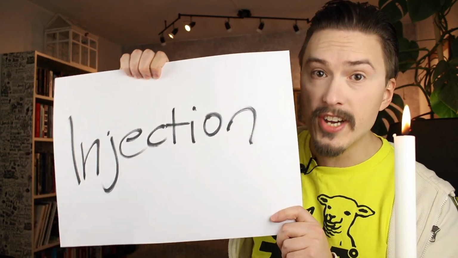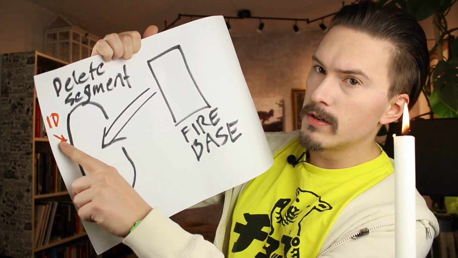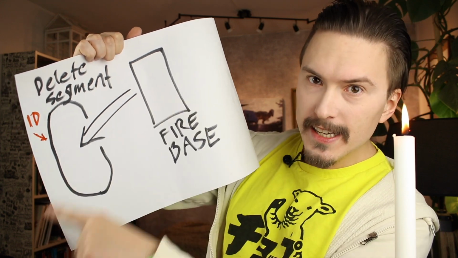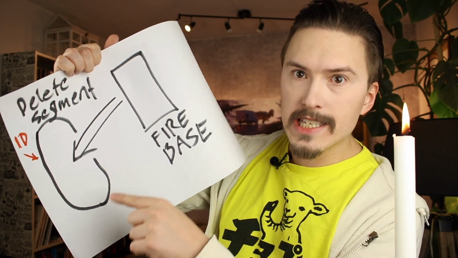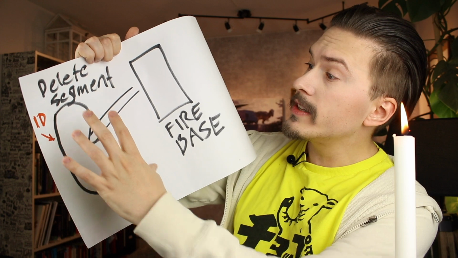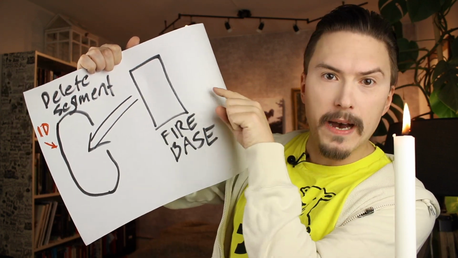The second alternative solution to this problem is using injection. When you do injection, in addition to your normal arguments like ID in the delete segment case, you also pass in a reference to Firebase. And then inside, delete segment does its calls on Firebase and does its business. And when you create unit tests for delete segment, you create a mock Firebase and you pass it in.